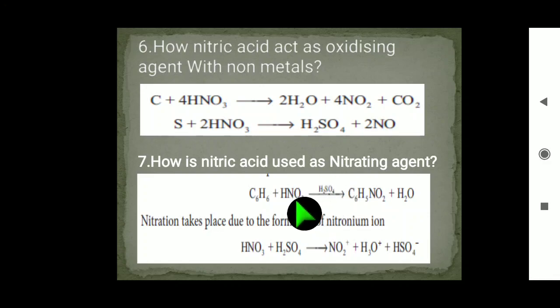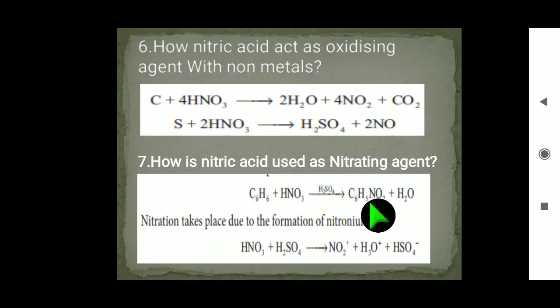When the nitrating mixture reacts with an organic compound, that is benzene C6H6, one of the hydrogens in benzene is replaced by NO2+. NO2+ means nitronium ion, that is, a substitution reaction takes place.